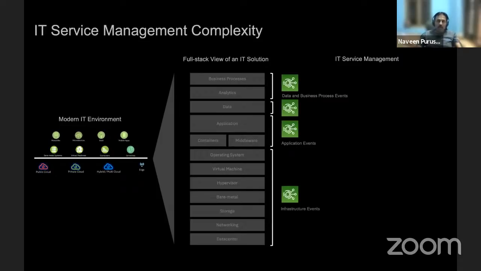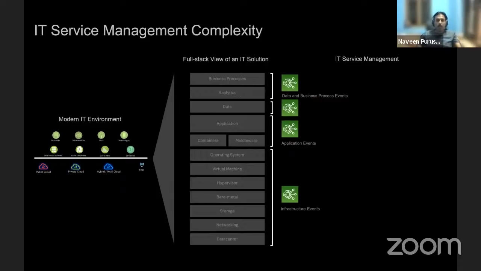For example, in a software as a service scenario, this entire vertical stack that you see in the middle is usually managed by a service provider and the consumer does not have any responsibility. But on the other hand, if we look at an example where a client is consuming something like infrastructure as a service, then often right from the virtual machine layer all the way to the top, the client needs to manage.